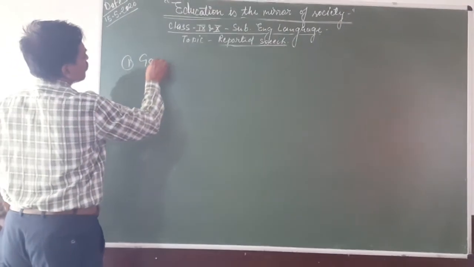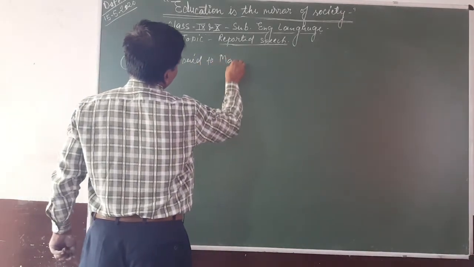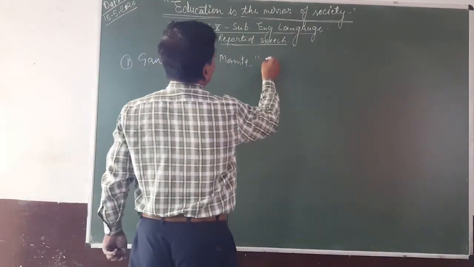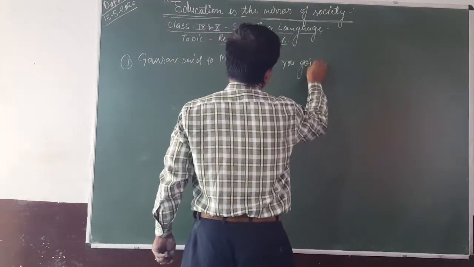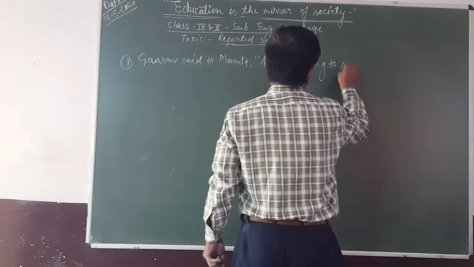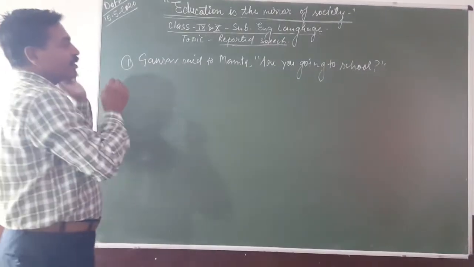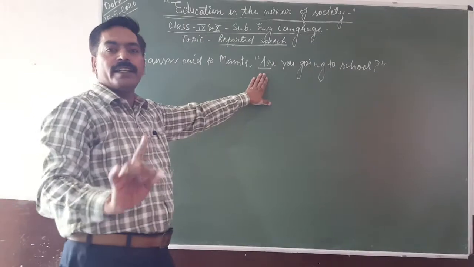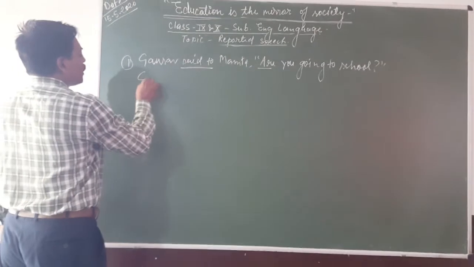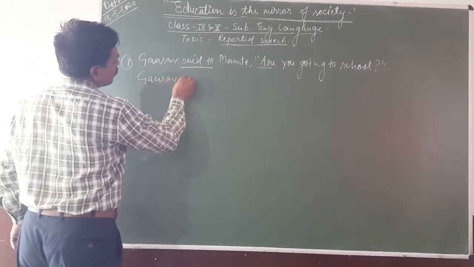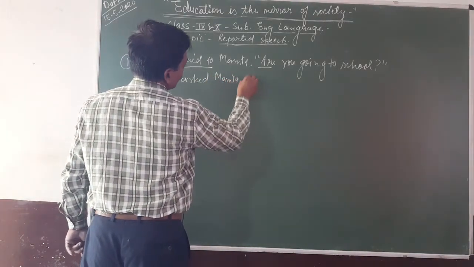First, Gaurav said to Mamta, "Are you going to school?" Look at the indirect of the sentence. In this sentence, a helping verb is given in the beginning of the reported speech. Then change the reporting verb "said to" into "asked". So, Gaurav asked Mamta if.